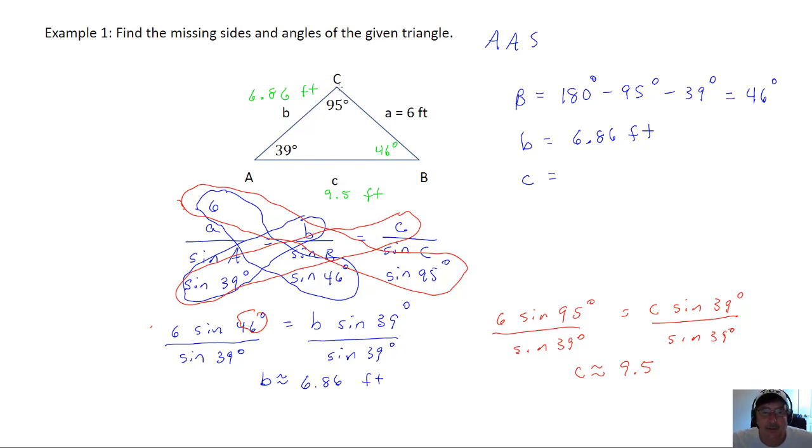Notice that the largest angle is opposite the largest side, and the smallest angle is opposite the smallest side. So make sure when you get answers, yours fits that format. All right, the largest side will always match the largest angle, the smallest side will always match the smallest angle, and in between here as well.